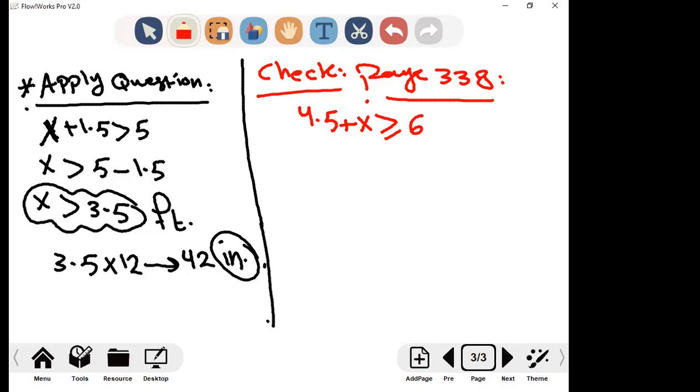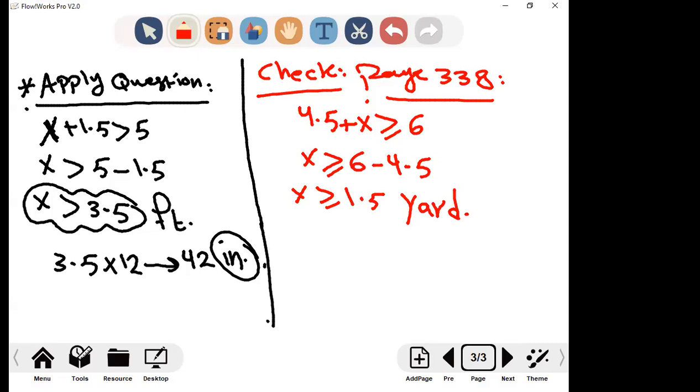Now x is more than or equal to 6 minus 4.5. x is more than or equal to 1.5 yards. Right? So the minimum in yards is 1.5. I want to turn the yards to feet.